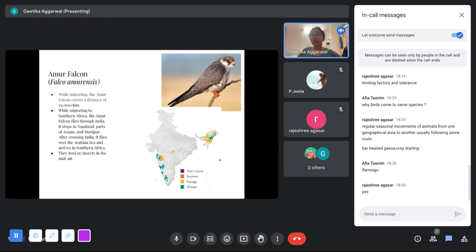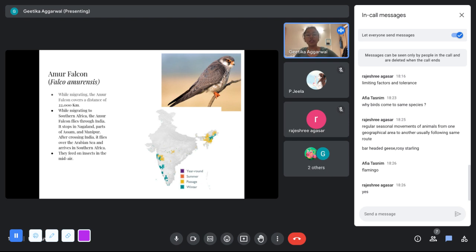So while migrating, the Amur falcon covers a very huge distance of 22,000 kilometers. It's one of the longest bird migrations, and it mostly migrates to southern Africa, and India just falls in its way because it starts its migration from eastern parts of Asia, and it crosses India.